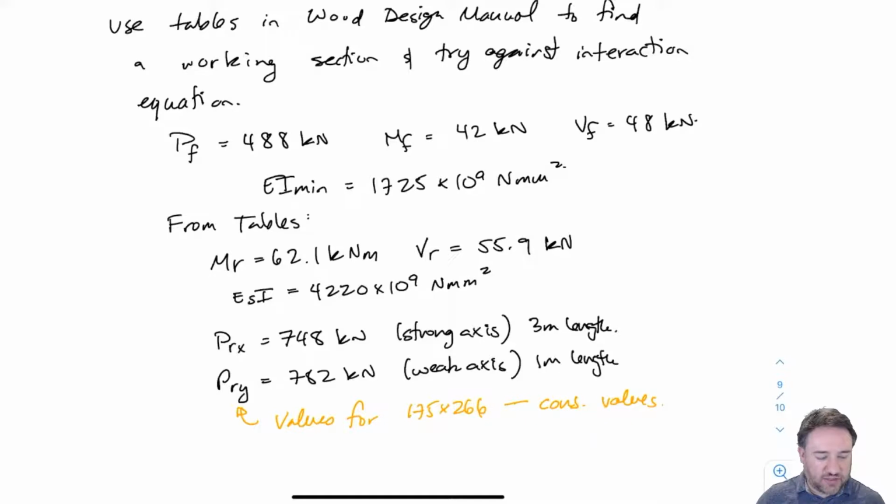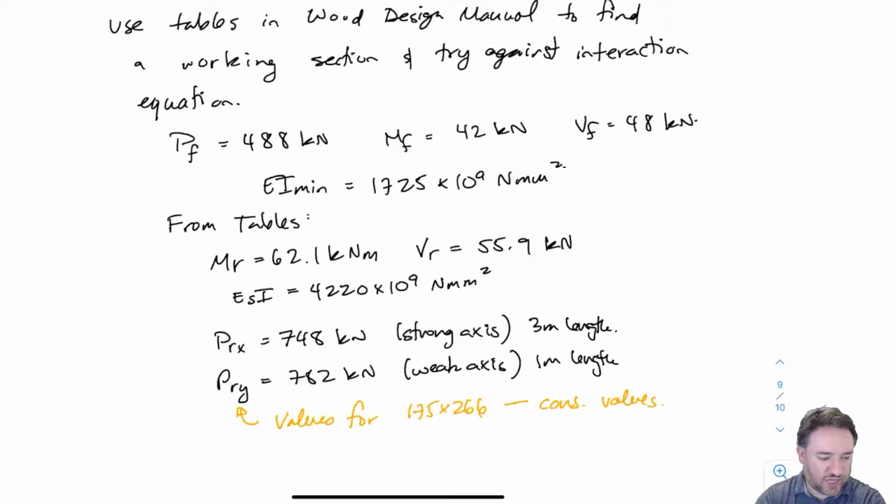The axial load values are definitely conservative, the PRX and the PRY, because they're for a slightly smaller beam. And I'm going to plug all these into two of the interaction equations in order to see basically whether I am going to be okay or not before I go any further.